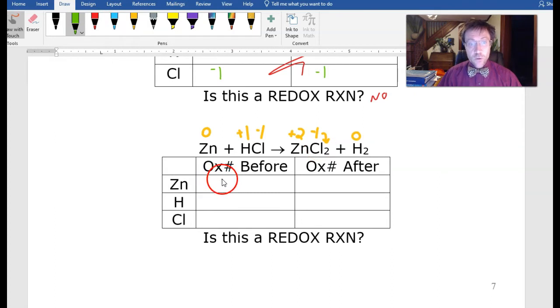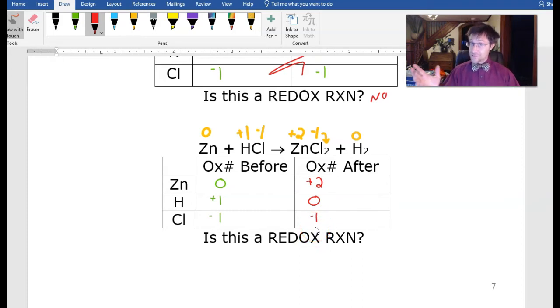All right, let's see what we got here. Zinc before is at a 0. Hydrogen is a +1, and chlorine is a -1. That's what it is before, and after it looks like zinc turns into a +2. Hydrogen goes to a 0. And chlorine, yep, chlorine's staying at a steady -1.